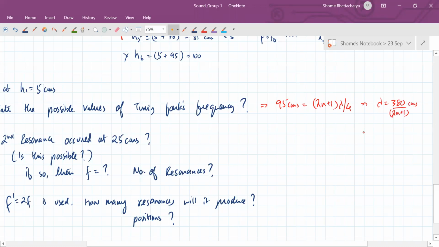centimeters. Okay. So the frequency will have to be v by lambda.